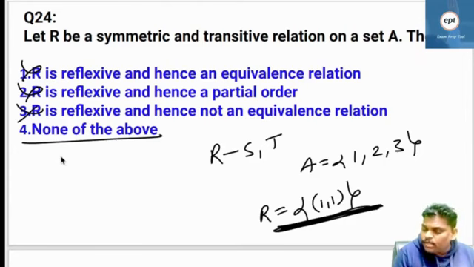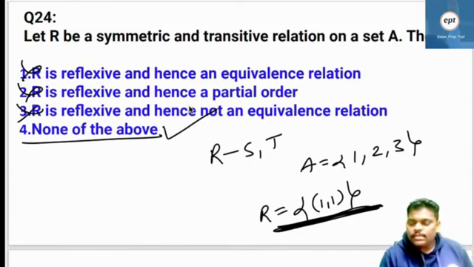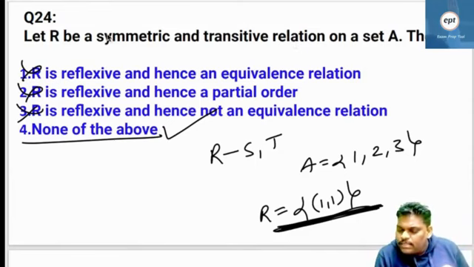R is a symmetric and transitive relation on set A, then R is reflexive.